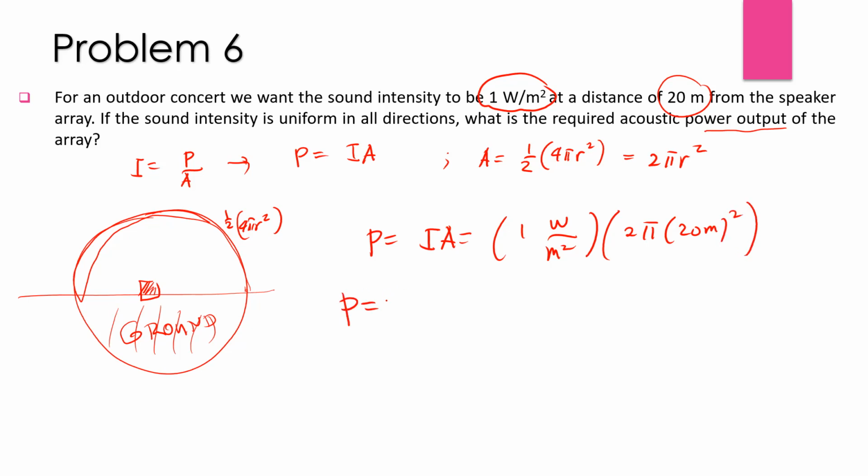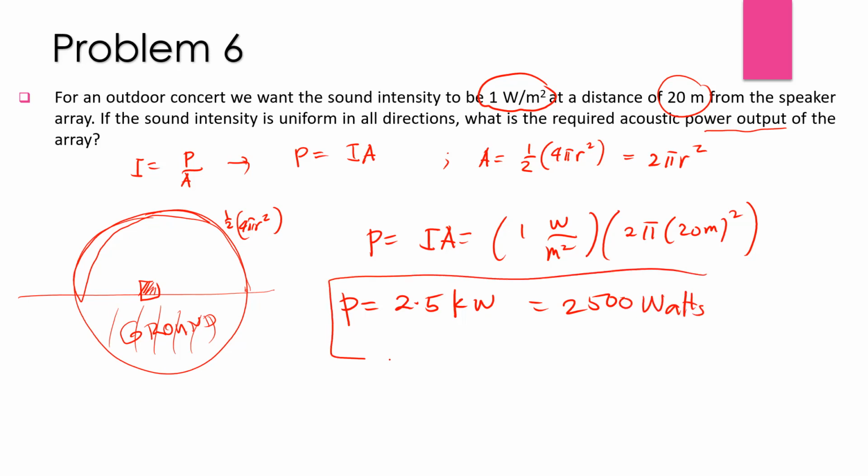So therefore, power is around 2.5 kilowatts, or 2,500 watts. So the required power output of the array is around 2,500 watts.